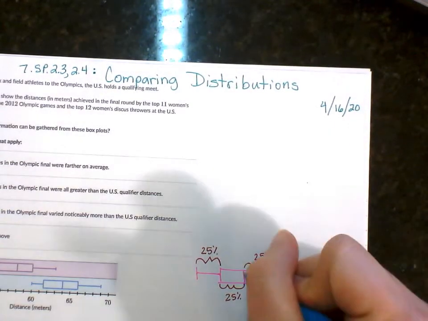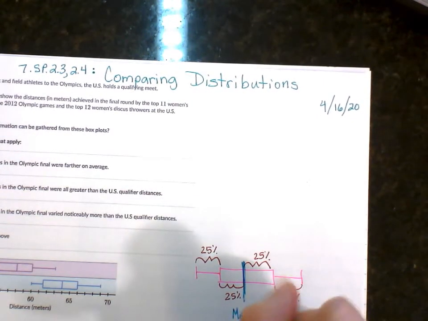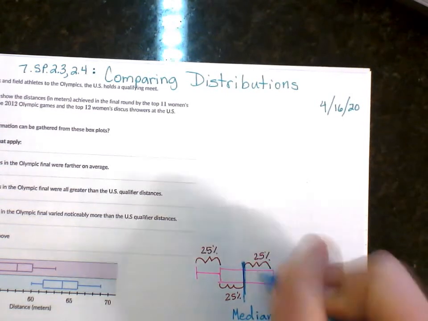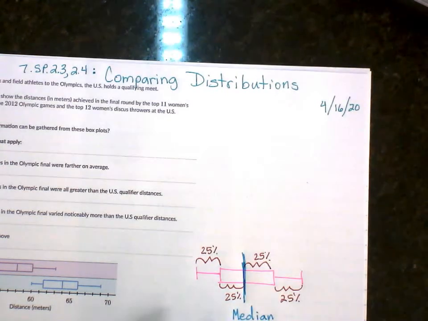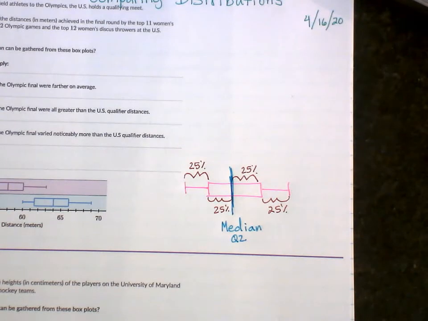This right here is our median, or quartile 2. It's the halfway point: 50% of the data is below the median, and 50% is above it.